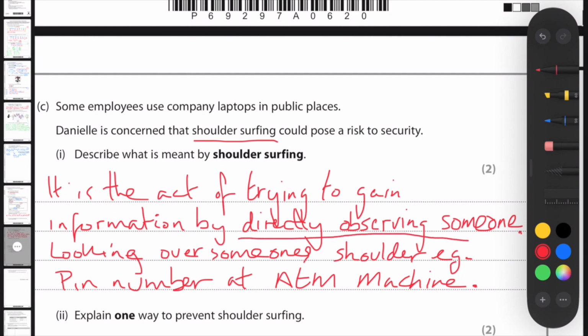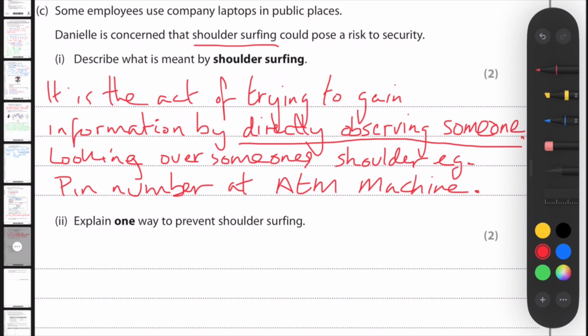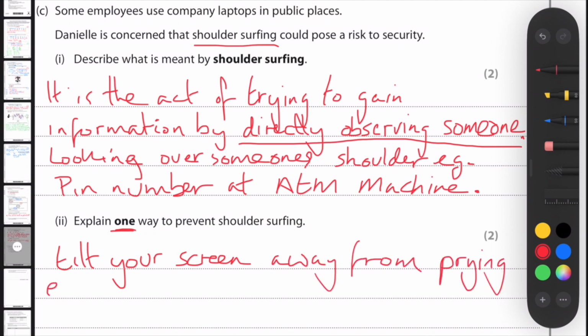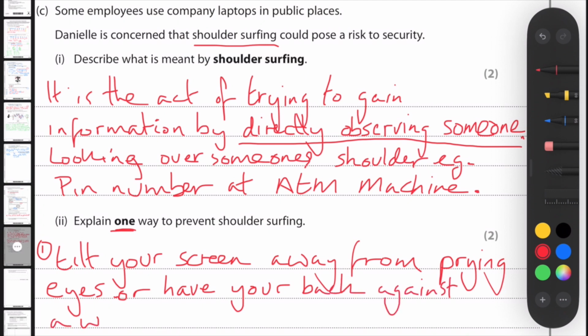And again, for 2 marks, explain one way of preventing shoulder surfing. You could, if you're on your device, tilt your screen away from prying eyes. That could be 1. Okay. Tilt your screen away from prying eyes, or have your back against a wall.